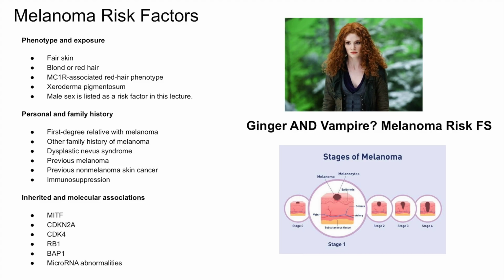So fair skin, poor tanning ability, blonde or red hair, and certain MC1R variants reduce protection from ultraviolet injury. Xeroderma pigmentosum creates an especially high risk because defective nucleotide excision repair prevents effective repair of UV-induced DNA damage. Other major risk factors include blistering sunburns, numerous nevi, dysplastic nevus syndrome, a previous melanoma, a first-degree relative with melanoma, and immunosuppression.